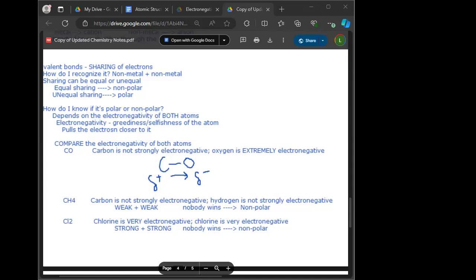Okay, but they're both equally strong though. So because they're both equally strong, even though they're both very, very strong, nobody wins. Like if you have two equally strong people in a tug of war, again, nobody wins that. Nobody's going to be able to pull the electrons closer to them.